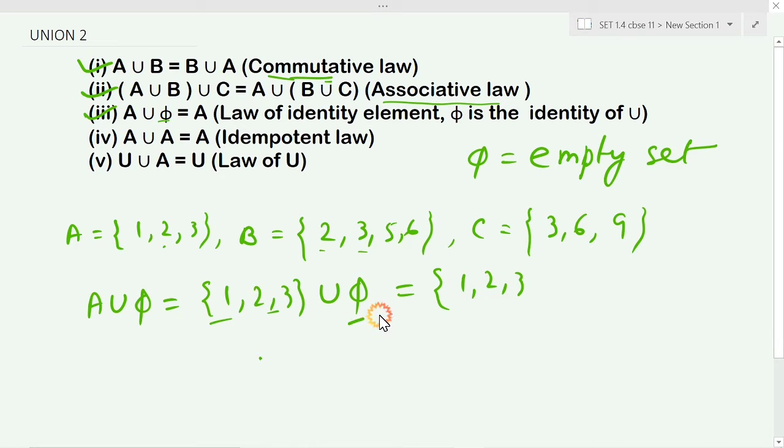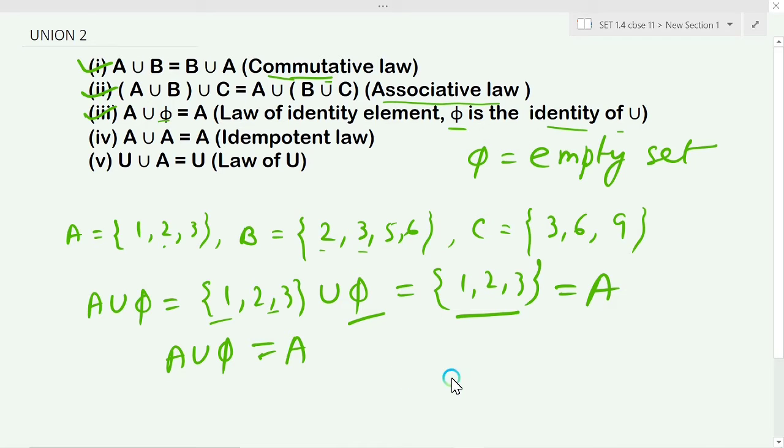Because there is no element in phi, the set A union phi contains only the elements of A. So A union phi equals 1, 2, 3, and 1, 2, 3 is equal to A. So we get A union phi equals A. Okay. And this property is called the law of identity element, and phi is the identity of union.